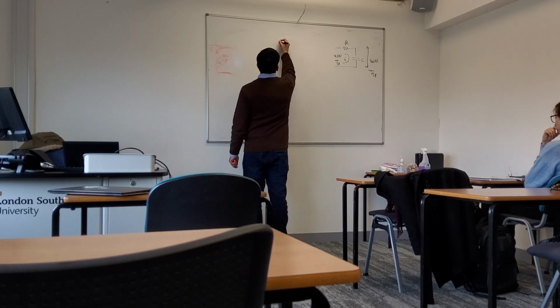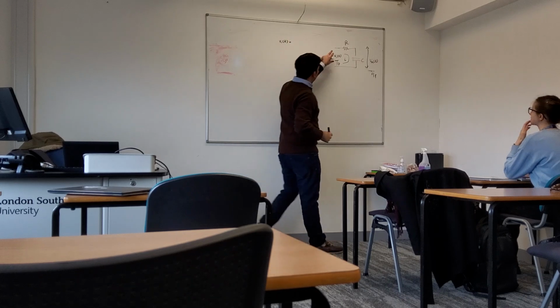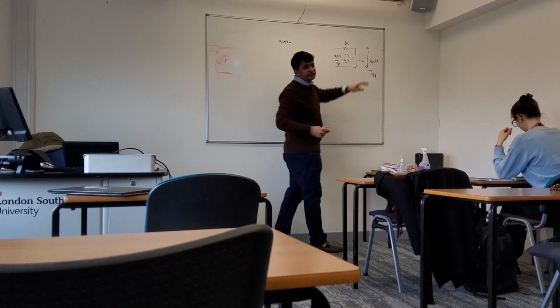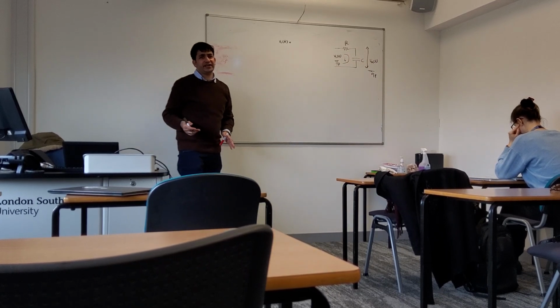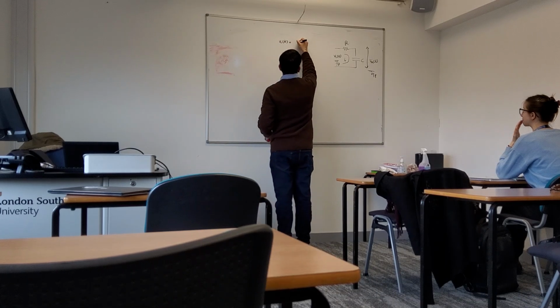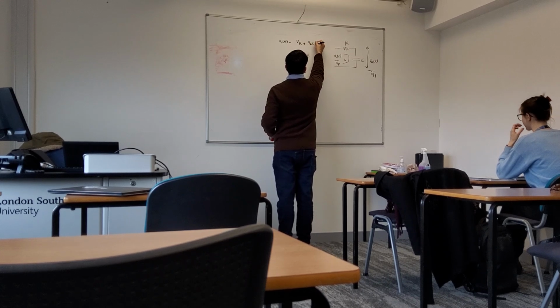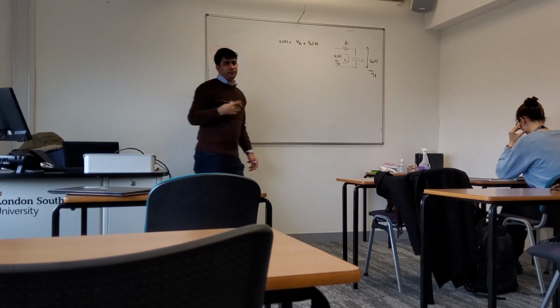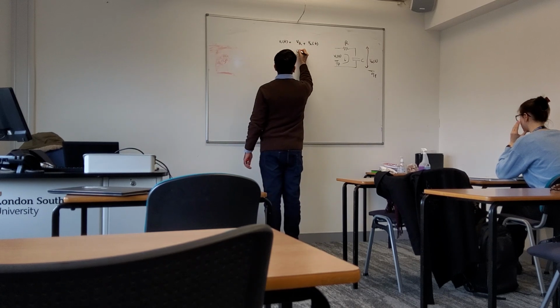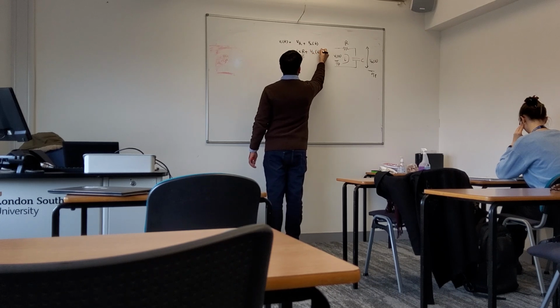So the input, whatever you apply here, is equal to the voltage drop across the resistor plus the voltage across the capacitor, which we denoted as V2. This is basic circuit analysis. Now we know that VR is I times R.